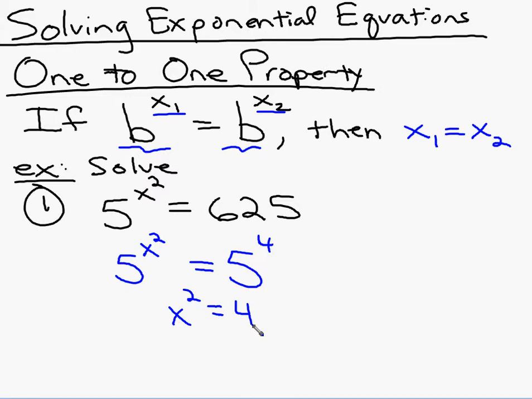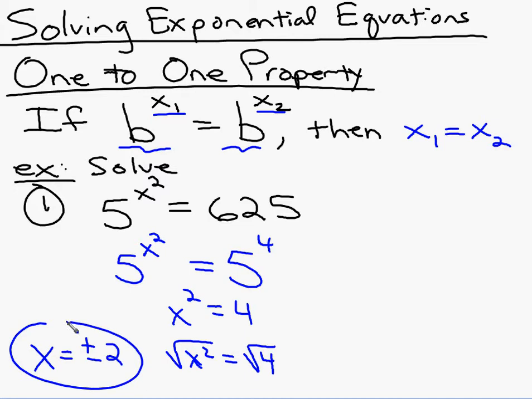x squared equals 4. Now, how would we solve that? Wouldn't we take the square root of both sides? I would take the square root of x squared and the square root of 4. So what would x equal? Positive or negative 2.